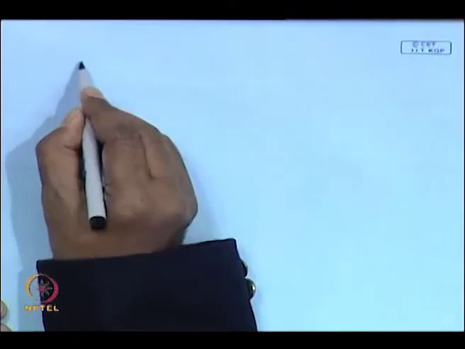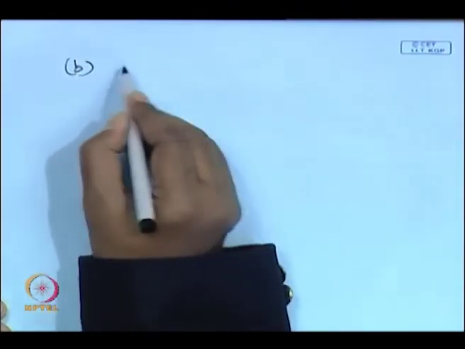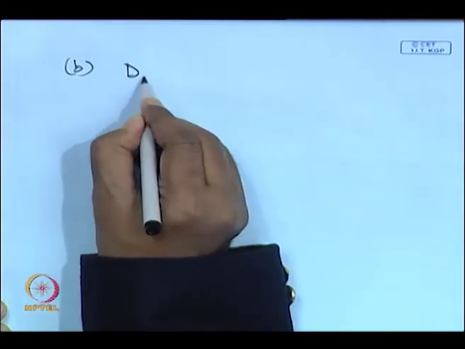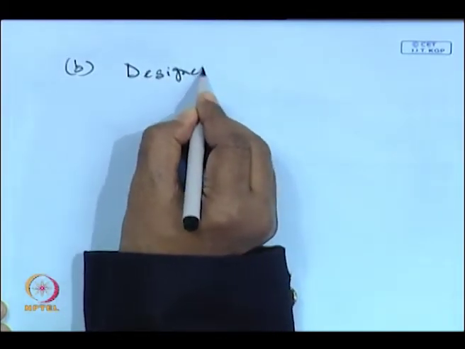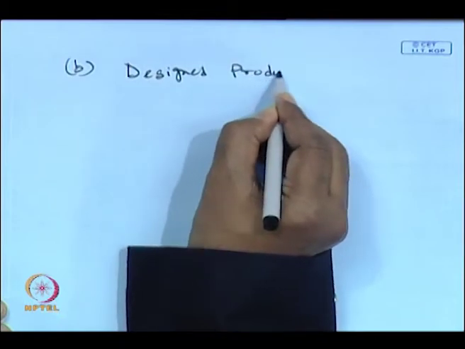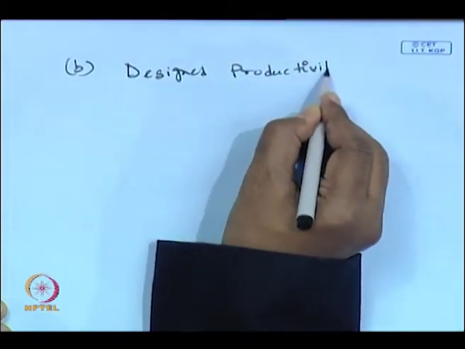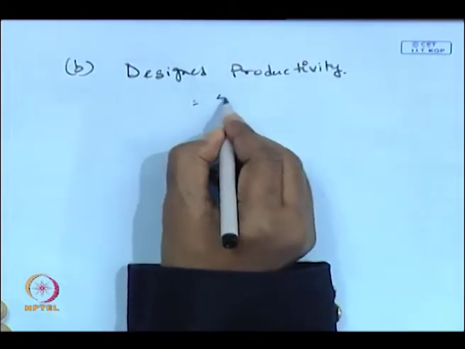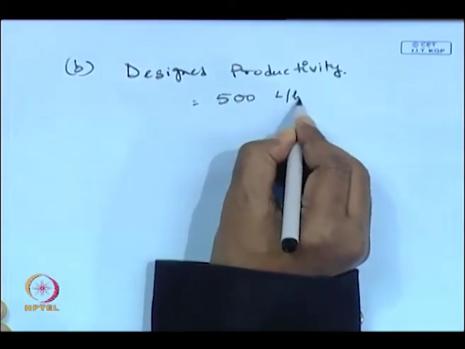Now, in the second part of the problem, the designed productivity is 500 liter per hour.